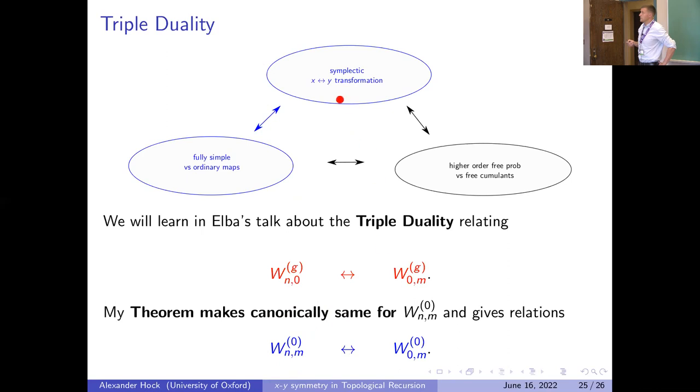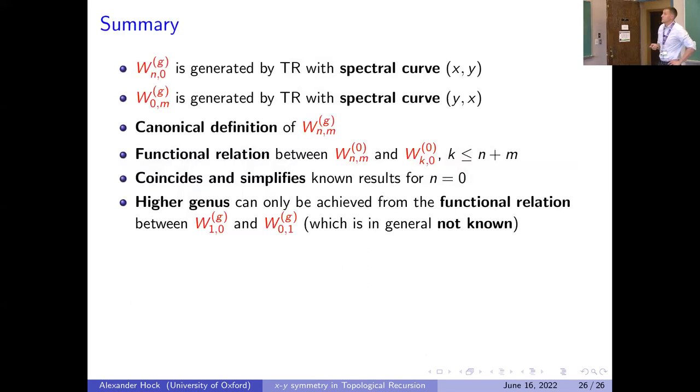And probably something like that should also exist in free probability, where you have generating series of a mixture of cumulants and moments. I don't know if this makes sense, but they should probably satisfy the same functional relation.